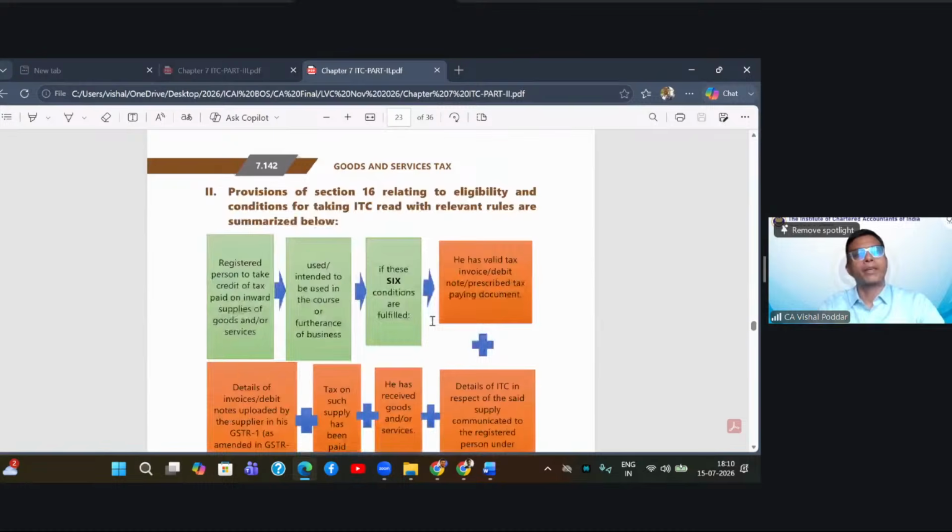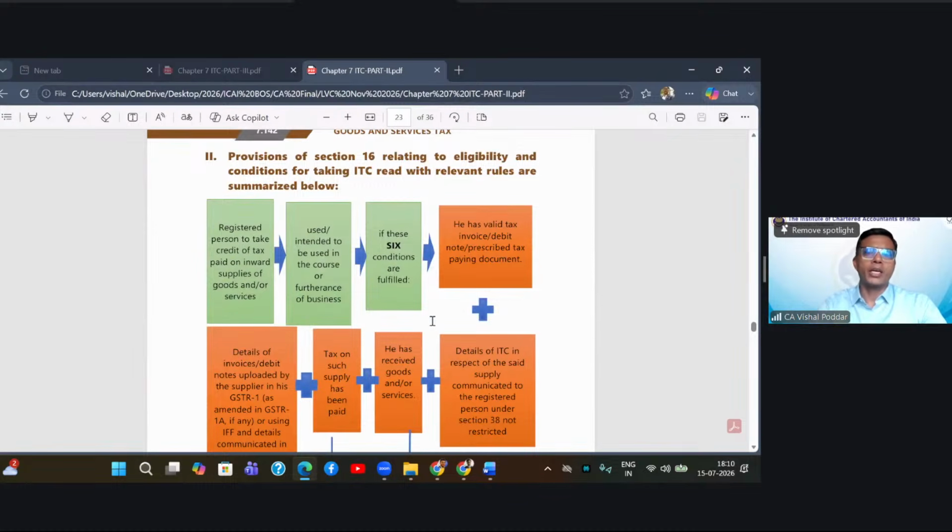Now, we start with the substantive provision, that is, on what basis your input taxes which you have paid on the inward supplies, which may be inputs, input services, or capital goods, will become eligible as ITC.